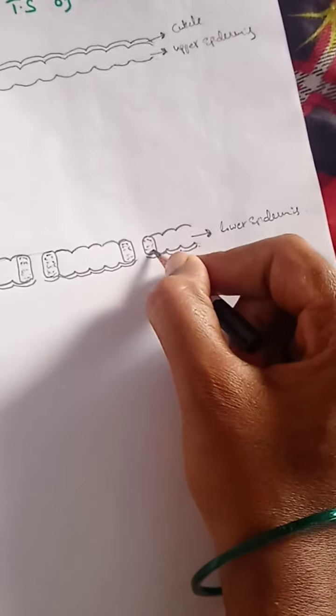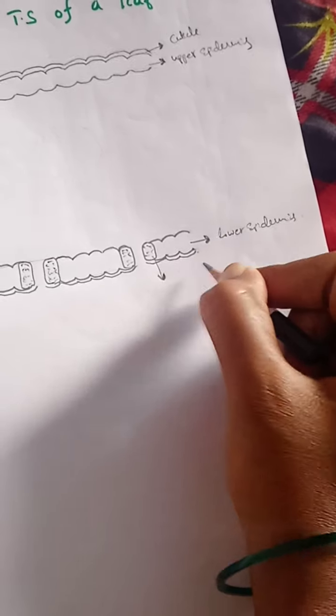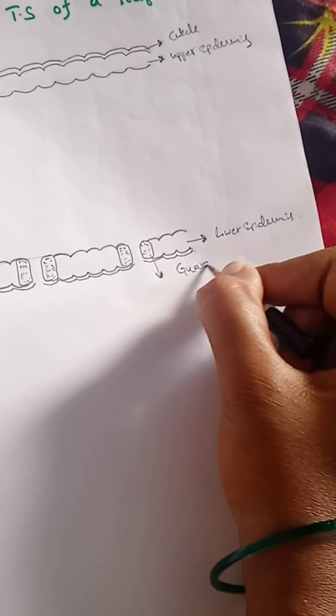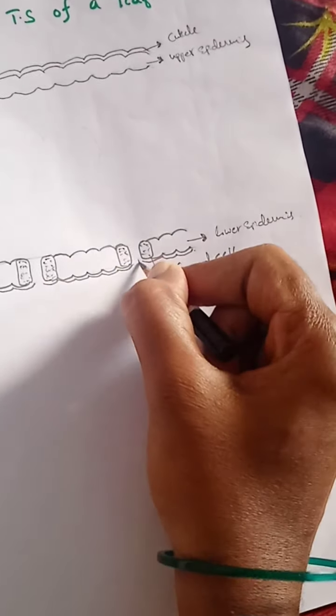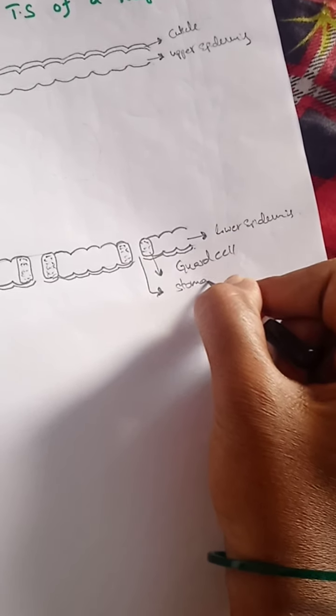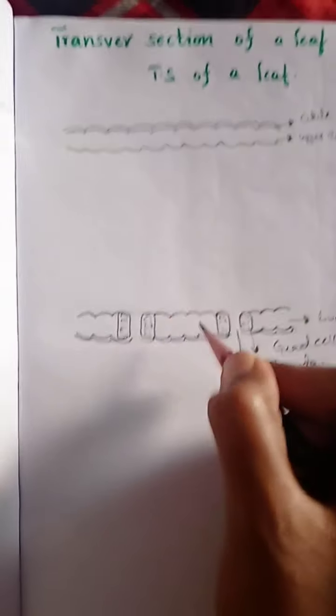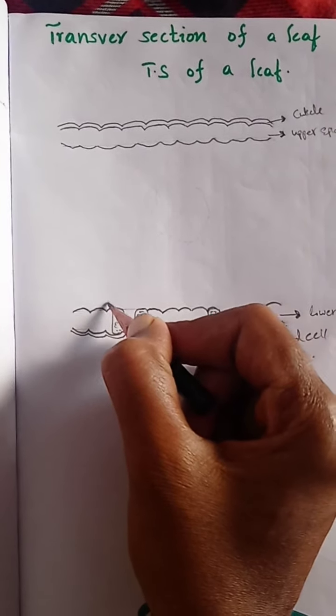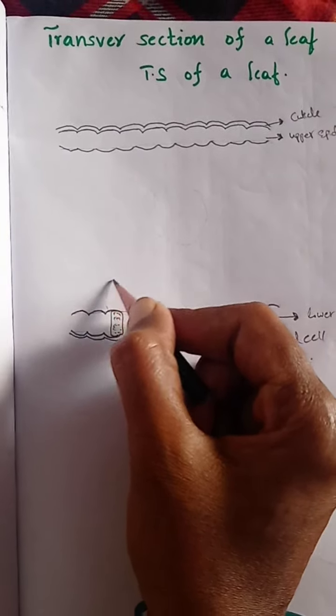This is called guard cell, guard cell, and this part is called stomata. Next, the remaining is what? Draw some arc-like structure here and here.